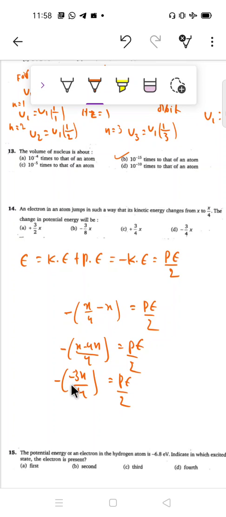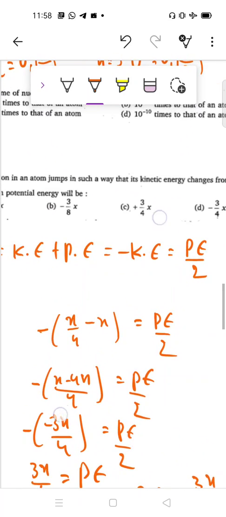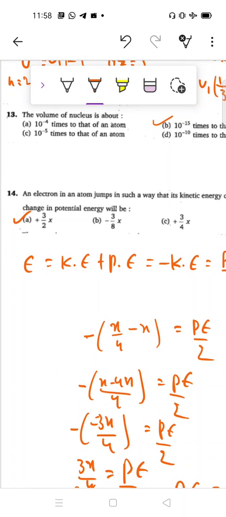Minus into minus is plus, so 3x by 4 is equal to PE by 2. Then PE is equal to 2 times 3x by 4, that is 3x by 2. So the answer is 3x by 2.